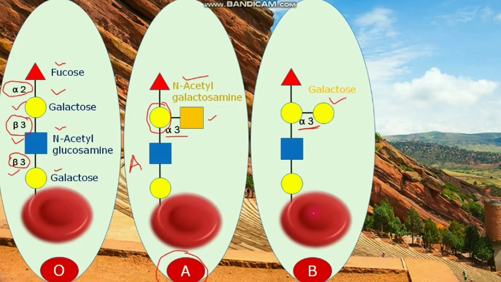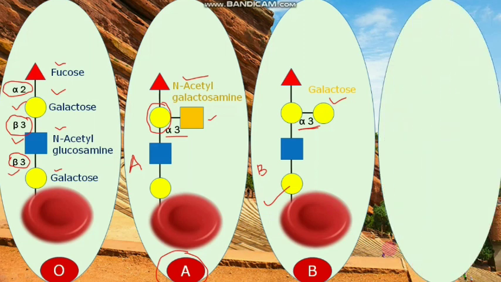So if this galactose is present, it will be the B antigen. The monosaccharide chain with the branch represented in the figure is the B antigen, which will be present on the RBC of a B blood group individual.